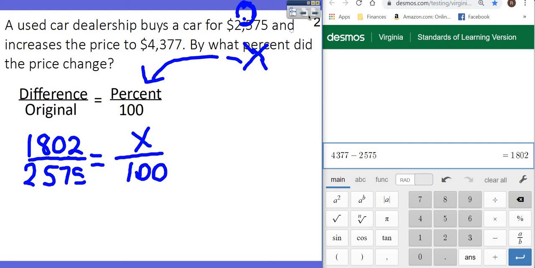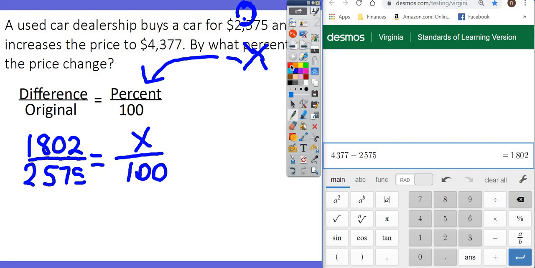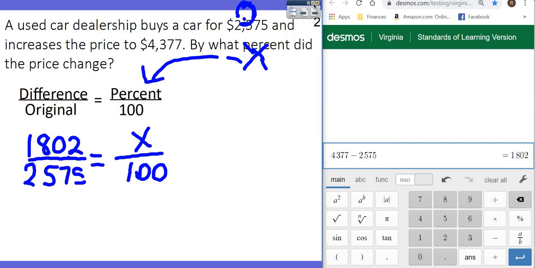So what we're going to have to do is we're going to have to cross multiply and solve for the percent. So we're going to rely on our calculator to do a lot of this work. So I'm going to start here with 1802, and I'm going to multiply that by 100.